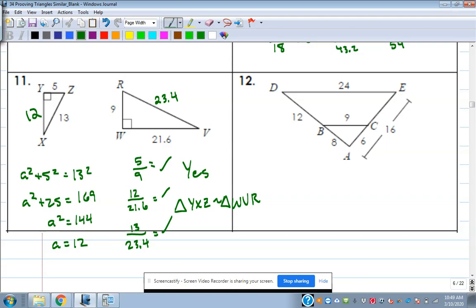Because we're following longest leg, then hypotenuse, and then shortest leg. So this is longest leg, then hypotenuse, and then shortest leg. So be careful on your similarity statements. Too easy to mess up. But easy to check and get right. All right, number 12. Are those similar?